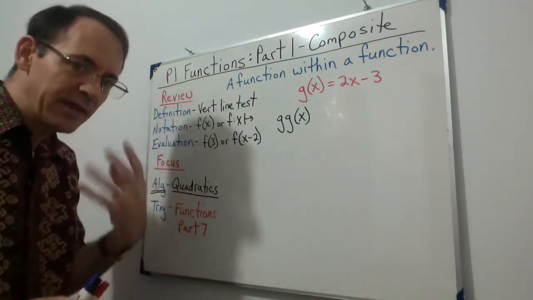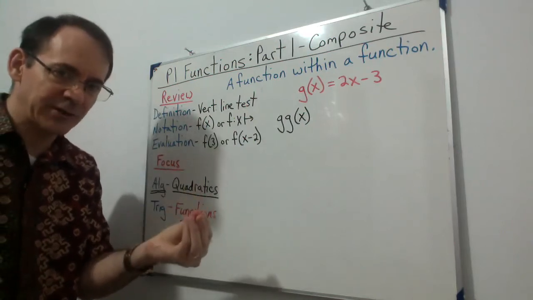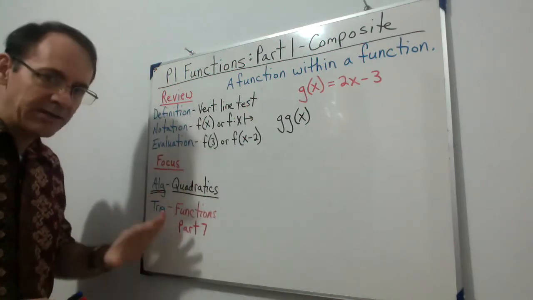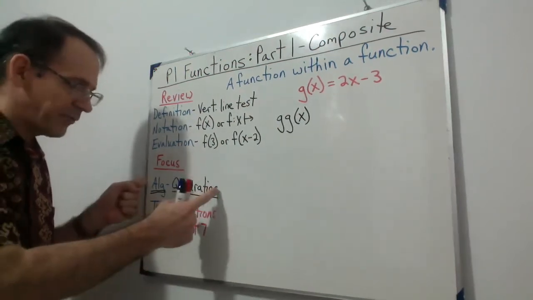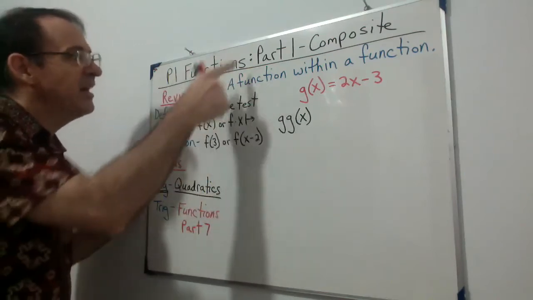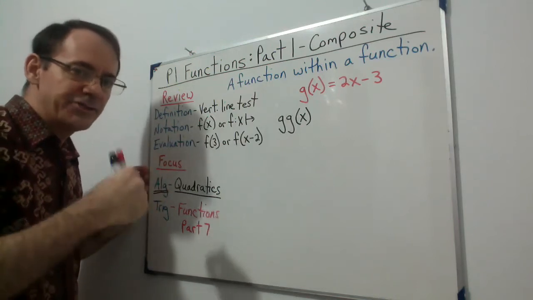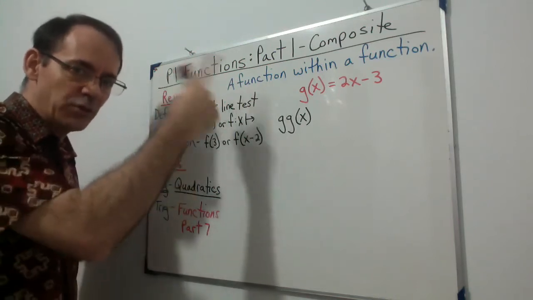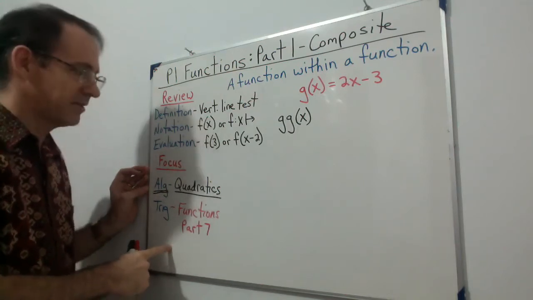But it's important that you further your trigonometric understanding first. So we're going to just wait on those until part 7 of trigonometry. We're going to focus on the algebraic part. And if you pay attention to how functions work, then it shouldn't be too difficult for you to apply that to trigonometry later when we get there, okay?